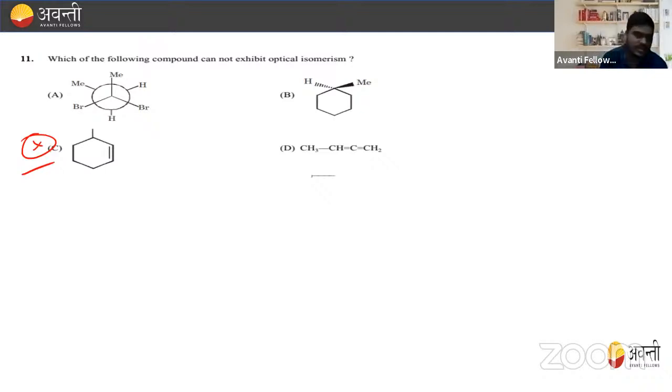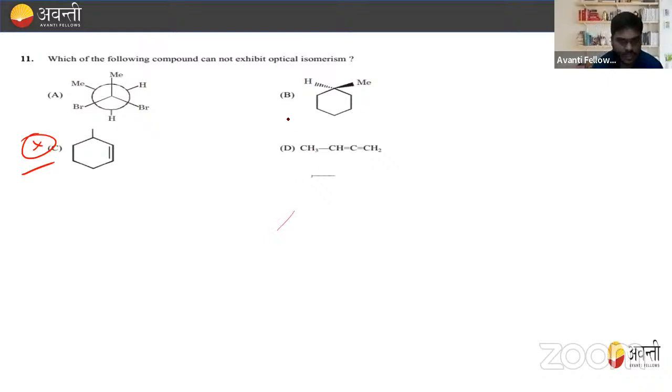For optical isomerism, chirality is a requirement. The presence of at least one chiral carbon is important. Here this carbon has a CH3 group, an H, and other different groups, so chirality is present and it can show optical isomerism.